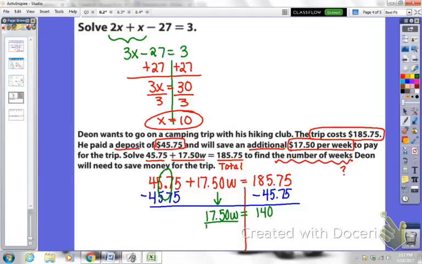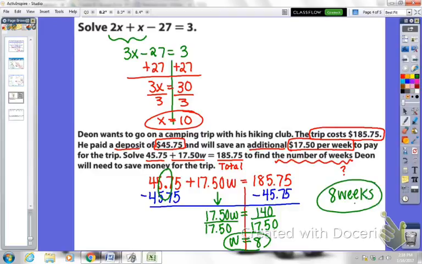Divide both sides by 17.50, and you get that w equals 8. And again, word problems always have a label, so find the number of weeks, and so my final answer is 8 weeks. Make sure you label your answer.